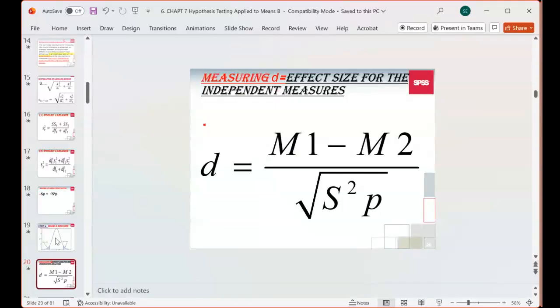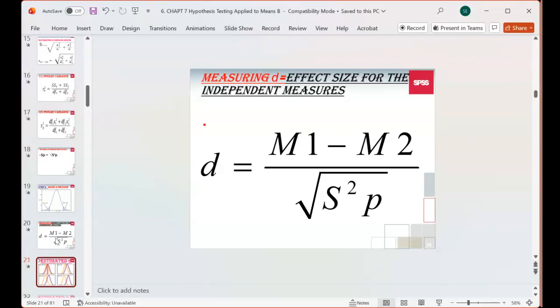And in terms of effect size, the numerator is the same: the difference between the two means of two different samples, divided by either the square root of pooled variance or just the pooled standard deviation.